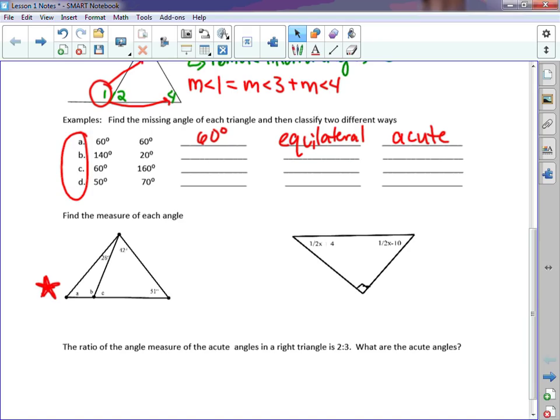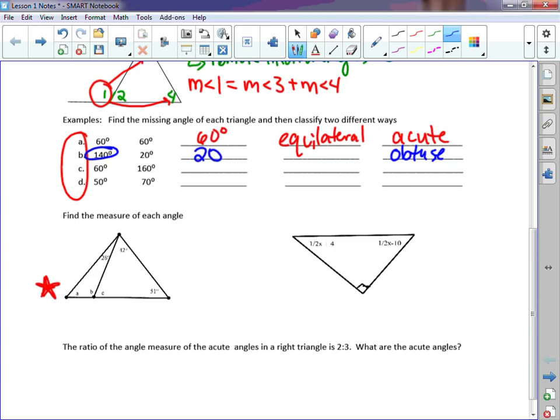All right, let's see how we did. For letter B, what was my remaining angle? 20, do we agree? And so we should have seen that this is my largest angle here. I can go and call this obtuse.